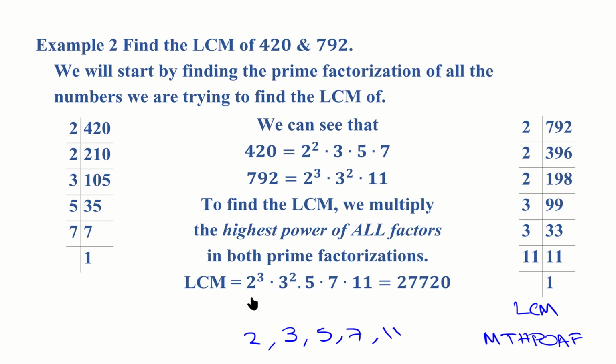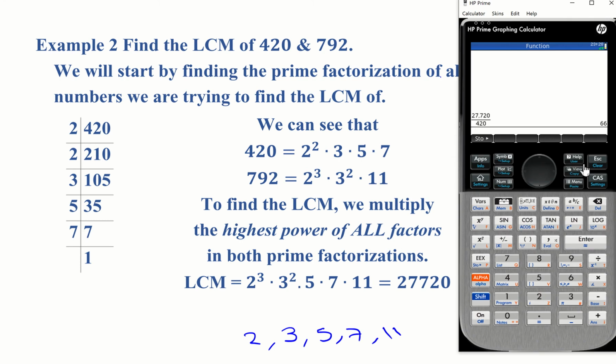So what's left is a 2, a 3, and 11. And when you multiply 2 times 3 times 11, you get 66. So you could actually do that division without a calculator if you know the prime factorization of 27,720.